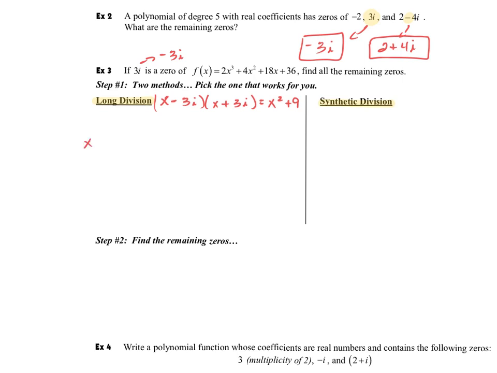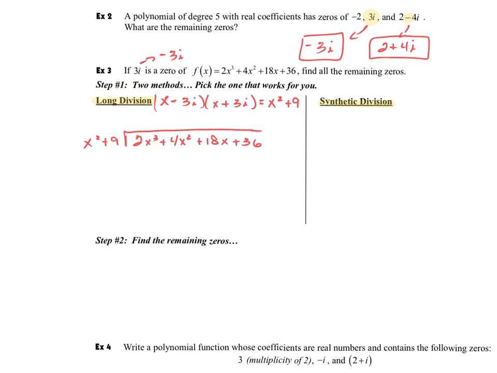So we'll have our x squared plus 9, and then we're going to do our long division with our 2x cubed plus 4x squared plus 18x plus 36. Now, I happen to like the long division in this case because I know that my remainder is going to be 0.